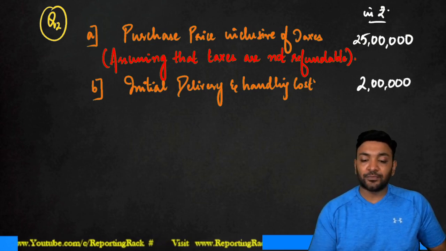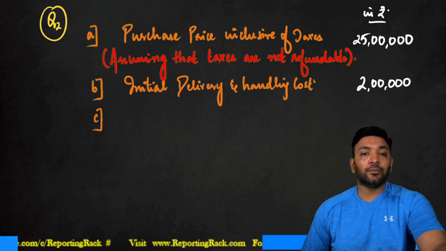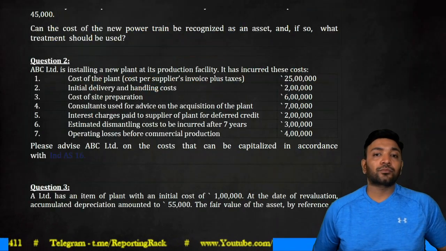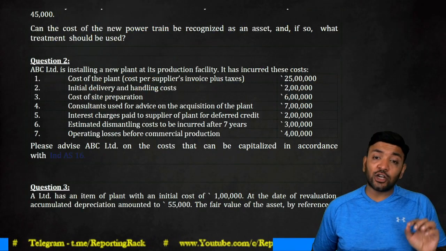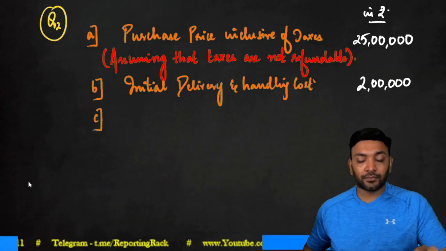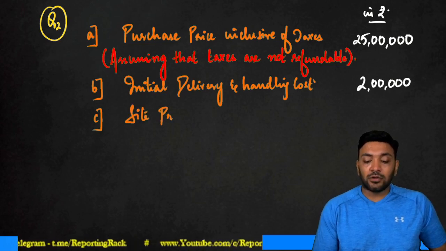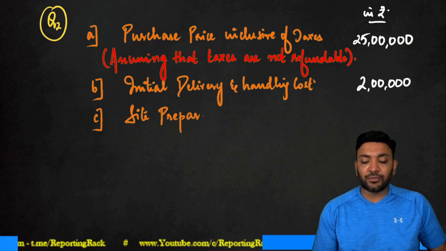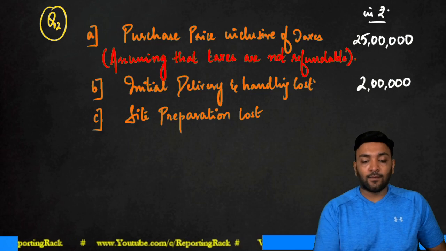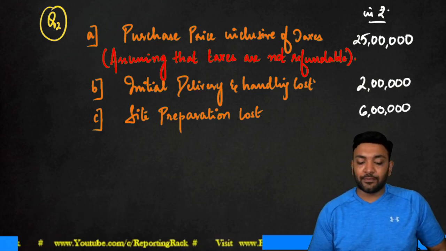No doubts about this. Third one: cost of site preparation to be included, 6 lakhs. Site preparation cost, lakhs to be included into the cost of the asset.